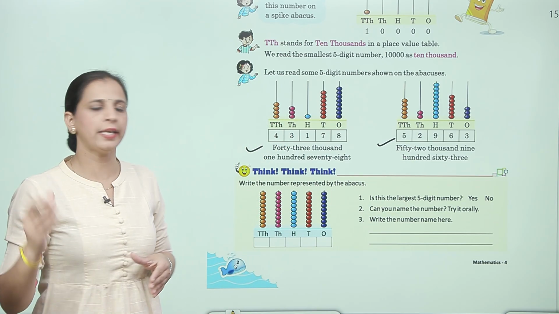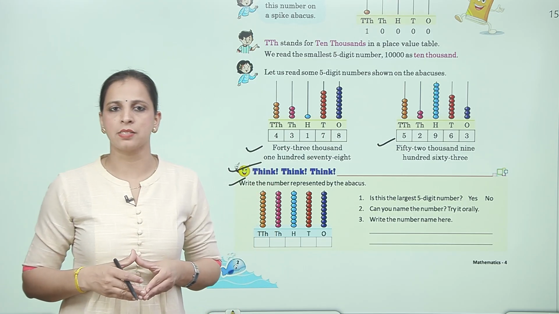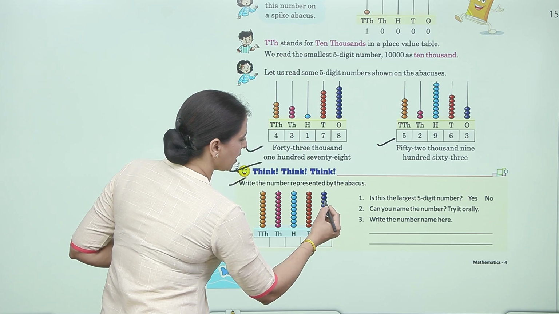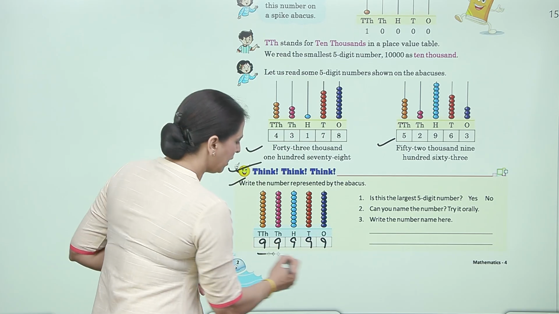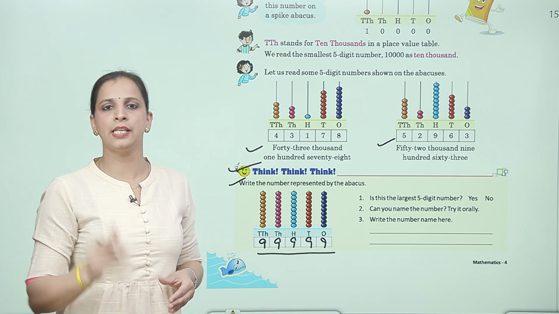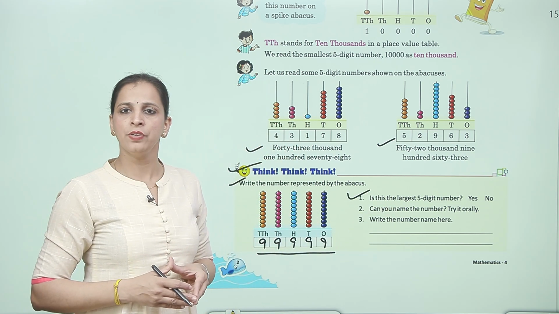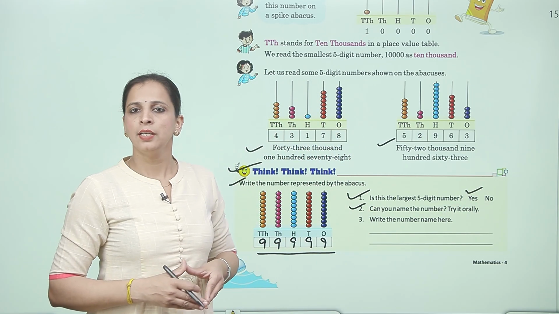Now think. Write the number represented by the abacus, that is 9, 9, 9, 9 and 9. 99,999. So, is this the largest 5-digit number? Yes. Next, can you name the number?